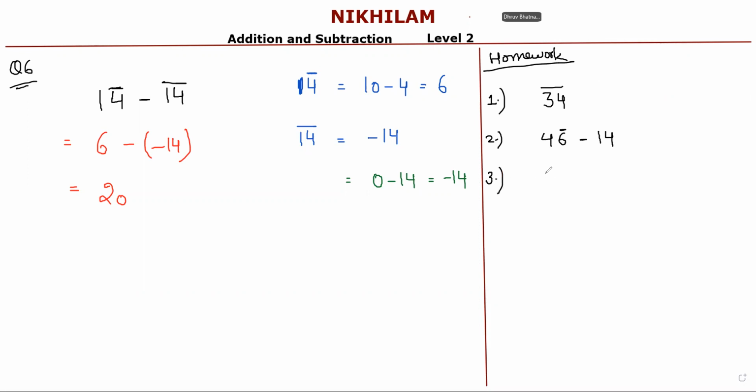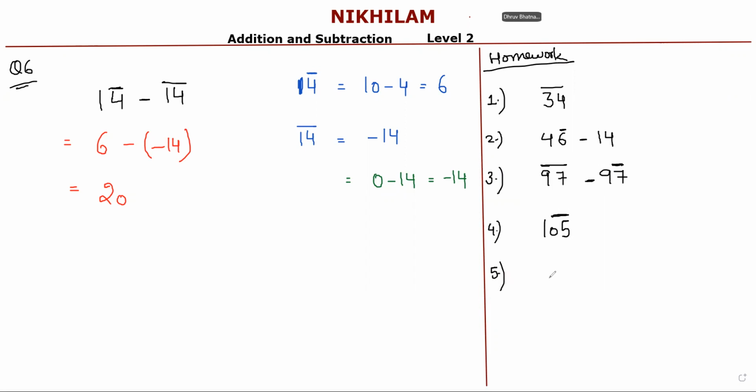Third question, 97 bar minus 97 bar. In the first one, the bar is over the complete 97. And in the second number, the bar is only over 7. Fourth question, how much is 105, where the bar is only over 0 and 5?